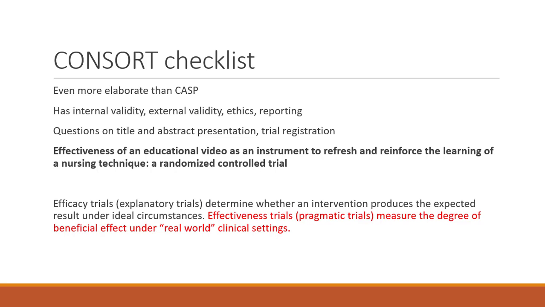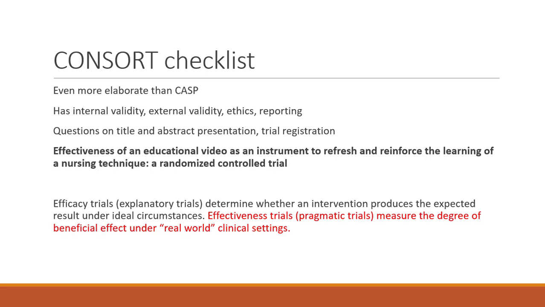when you look at the definition of effectiveness from a statistical point of view or a research point of view, effectiveness trials are supposed to be pragmatic trials. Pragmatic, where they are practically useful. And they measure the degree of the beneficial effect under real-world clinical settings.